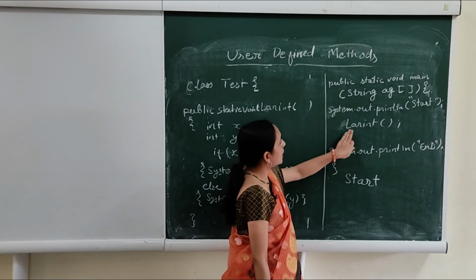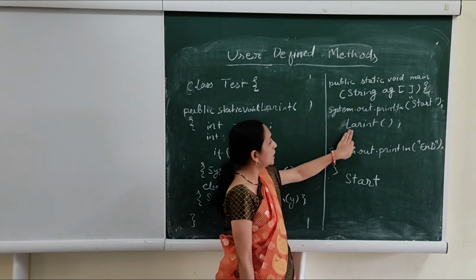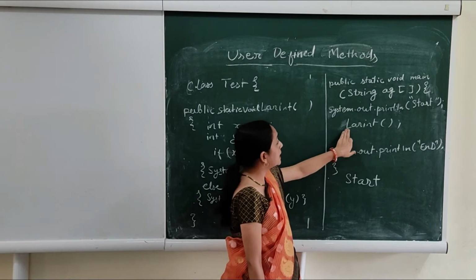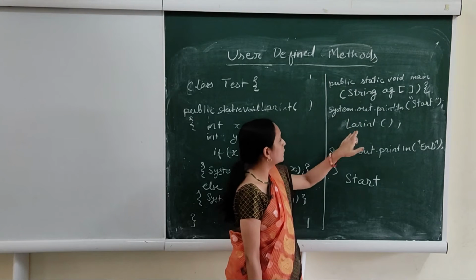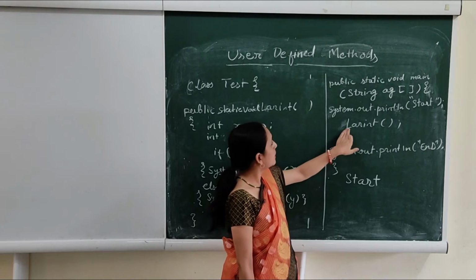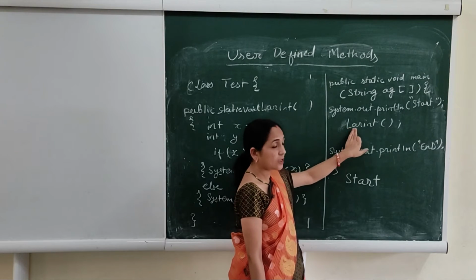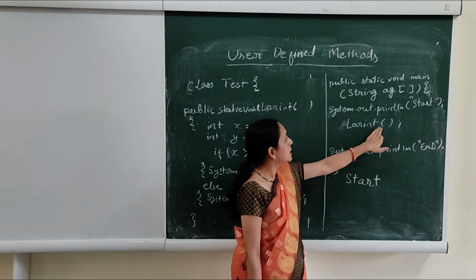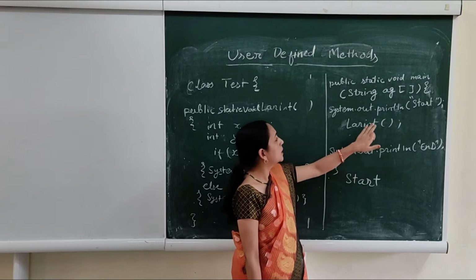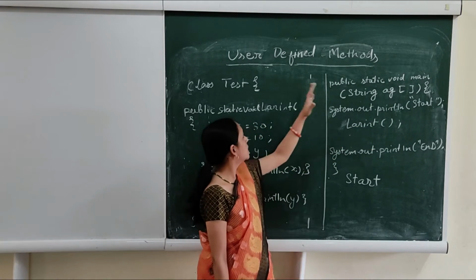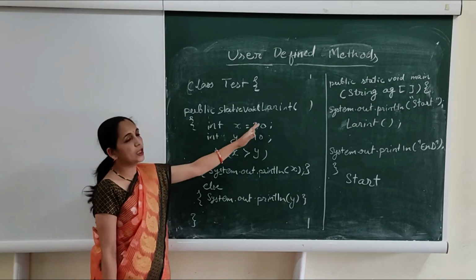Then, with the next command, we are calling the function named larint. After execution of the previous command, when the instruction pointer comes here, it will execute this method. As it is a method call, the code will transfer its pointer to the function definition.